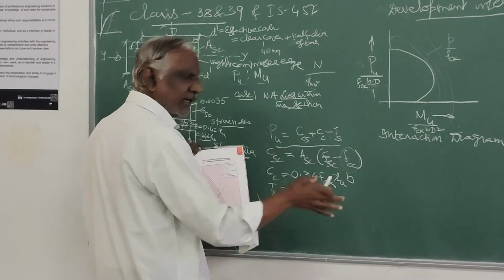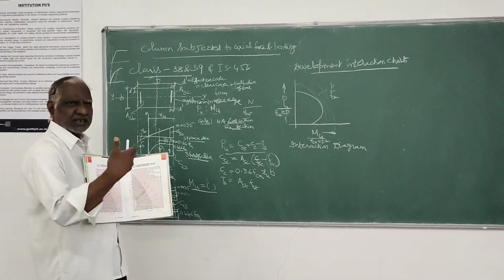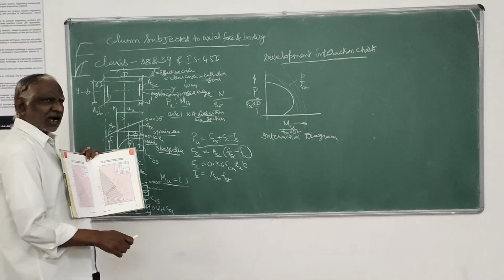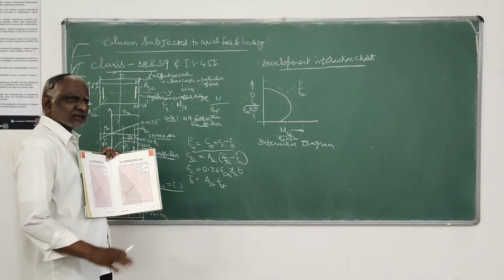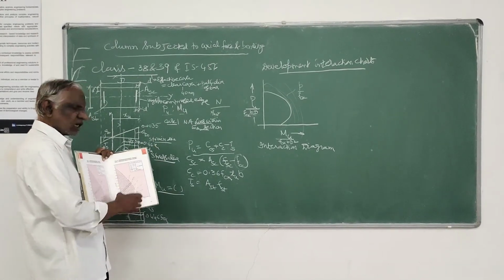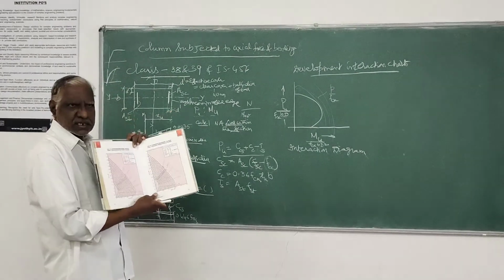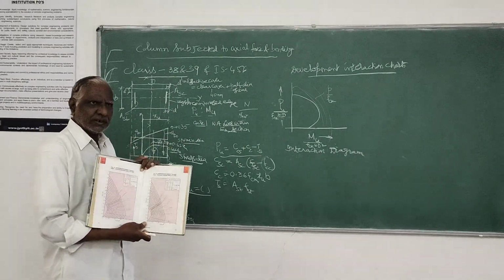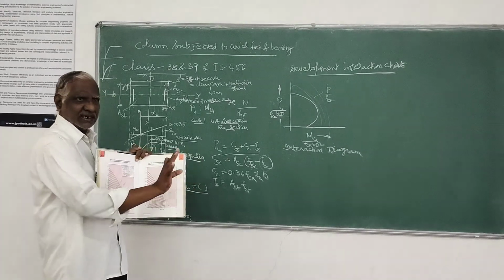And the variation of the concrete mix, whether it is M20, M15, M25, will not alter these particular values in greater proportion. So that is why, though the charts have been developed for one particular mix in this particular book, that is M20 only, there is no mix variation.